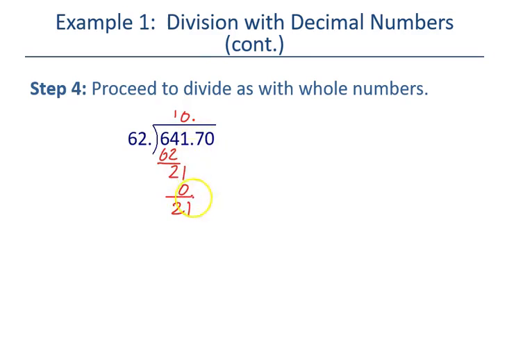Now I'm not worried about this decimal anymore. I'm just going to keep dividing like normal. Now I've got 217 because I bring down this digit.